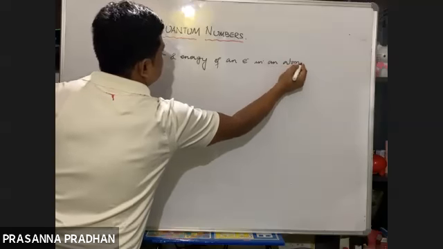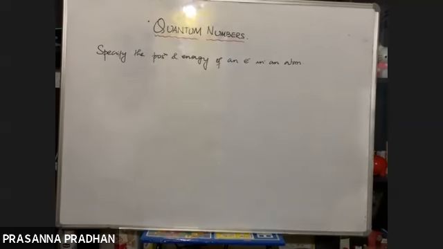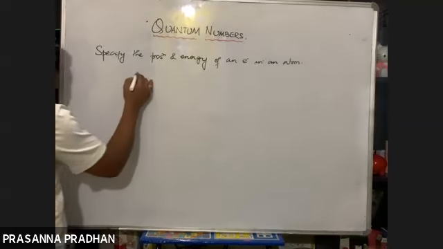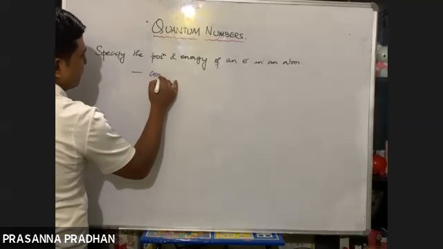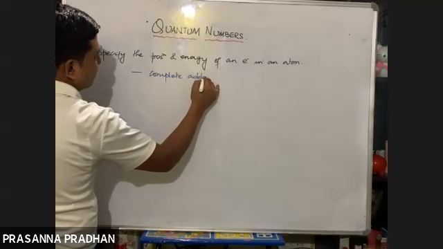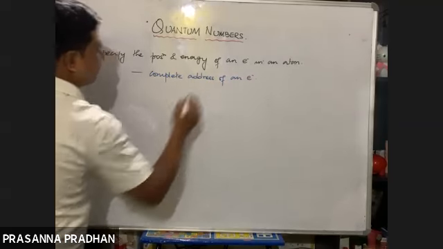So these numbers are known as quantum numbers. They give a complete address of an electron.